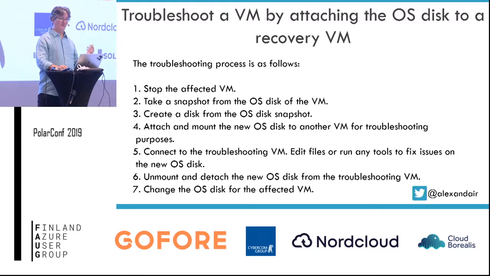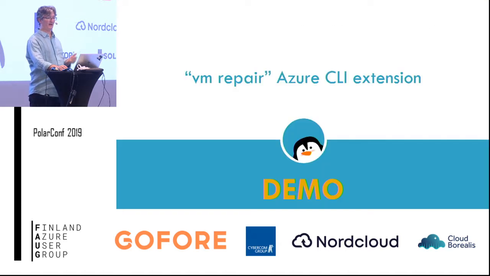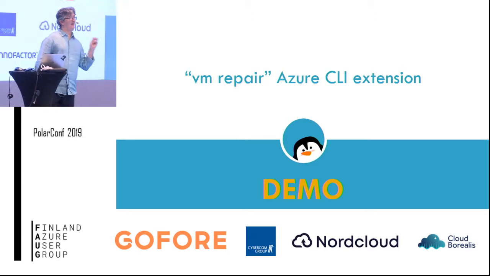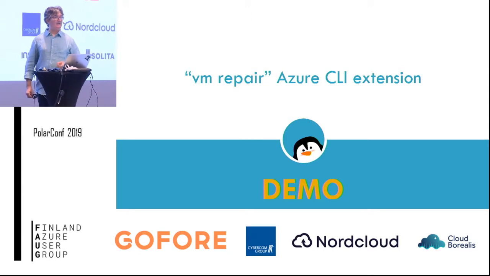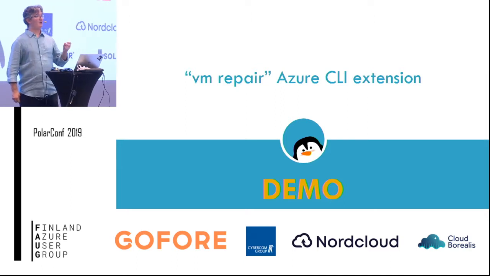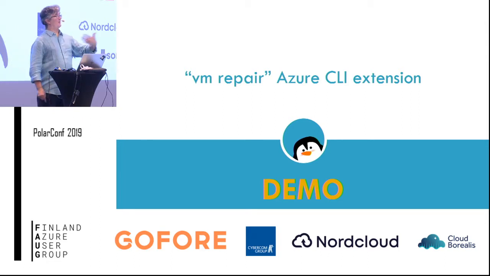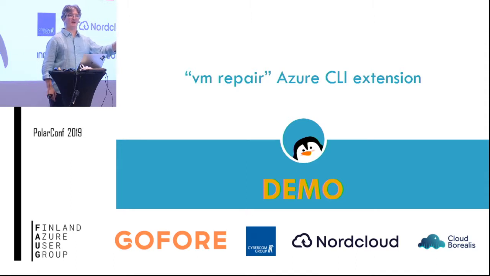So to fix the problem and to make that better, Microsoft is now working on something called VM Repair Azure CLI Extension that should automate all of this for you so that you don't need to go through all these steps. They will do everything for us, okay? You just need to point this out. This is my source VM.